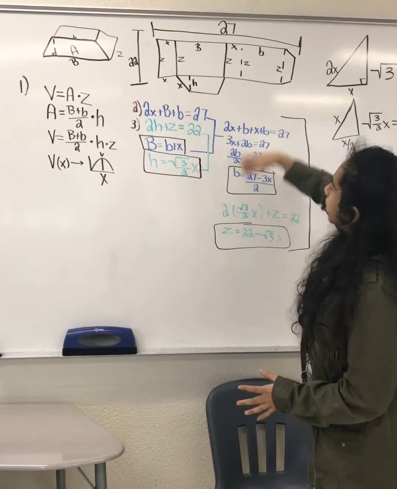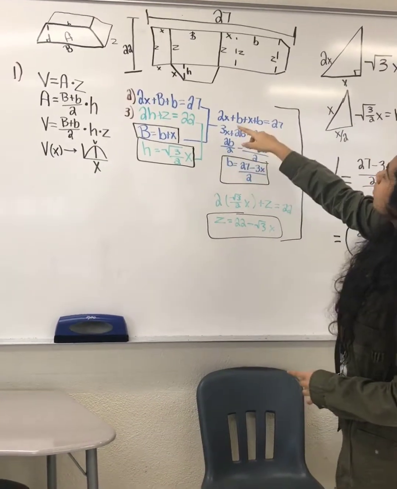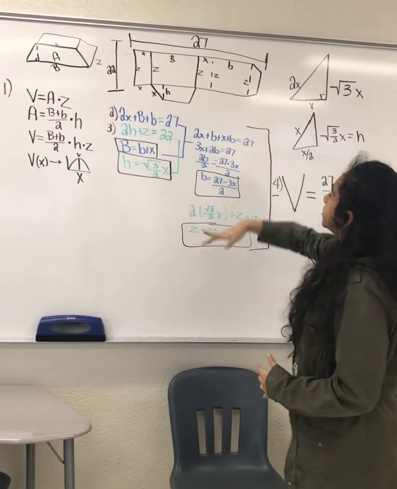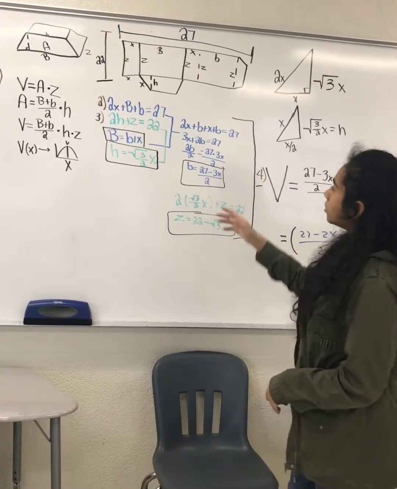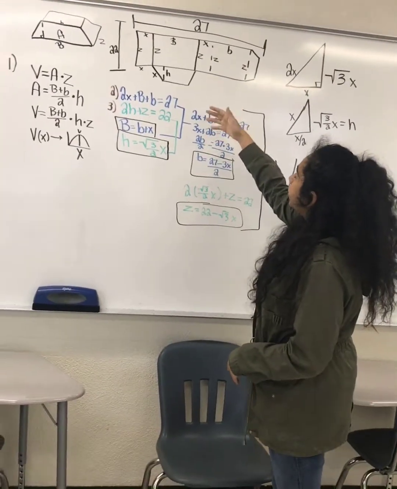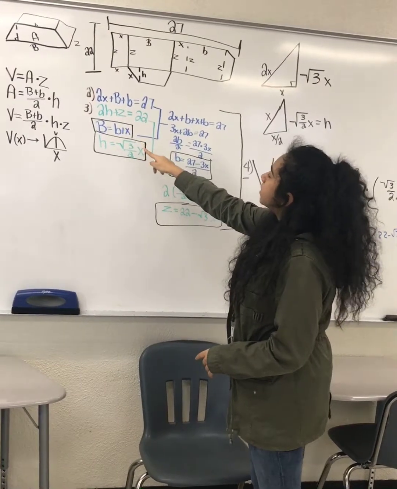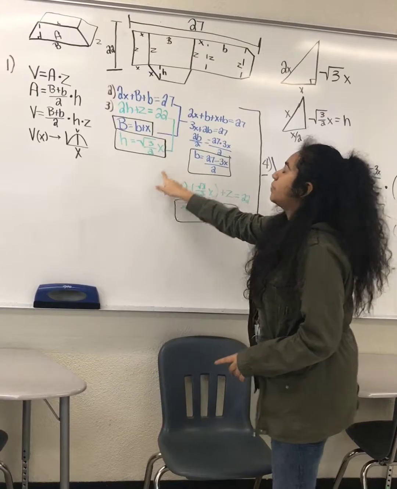For the widthwise, you would have 2h plus z, because there are two h's on both sides and then one z, and that would have to equal 22 inches. You would also have big B equals little b plus x, and h equals the square root of 3 over 2 times x.